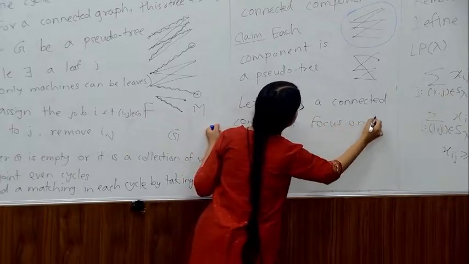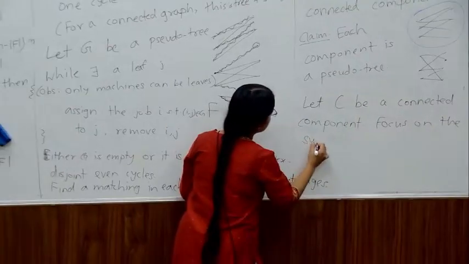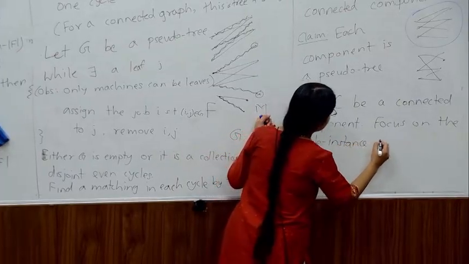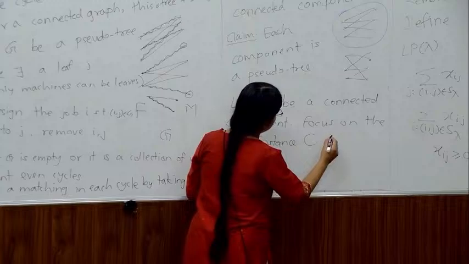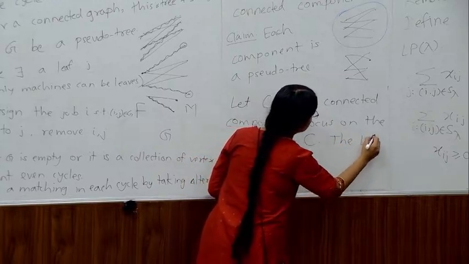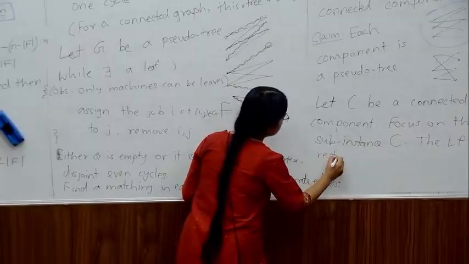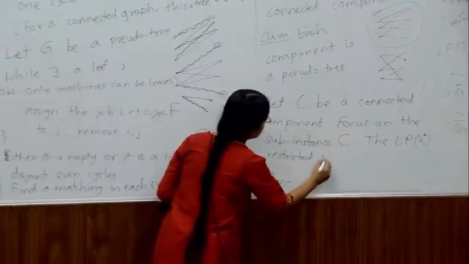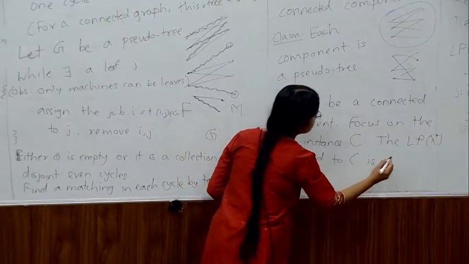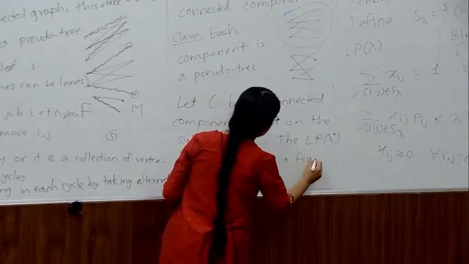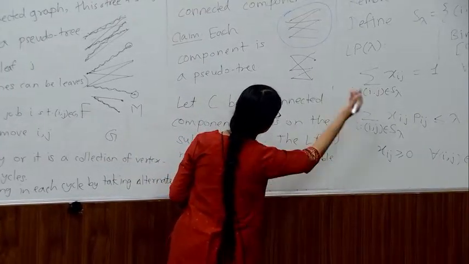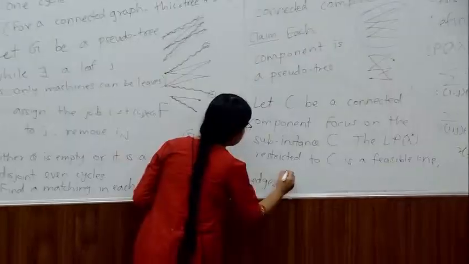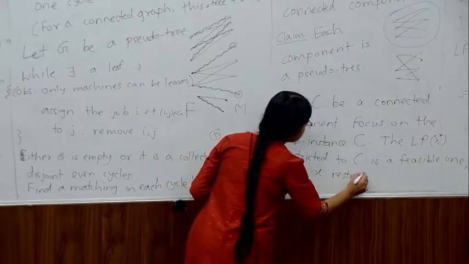Focus on the sub-instance C, that is, only the jobs and machines which appear in C. The LP restricted to C is a feasible LP. That is of course true because it is part of the original solution. And X restricted to C is a vertex solution.